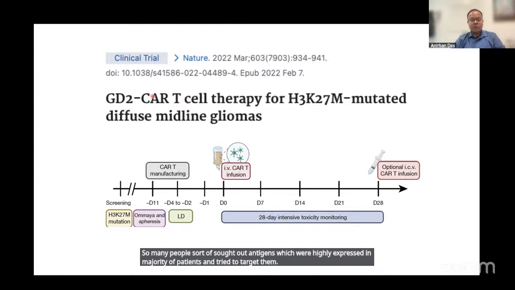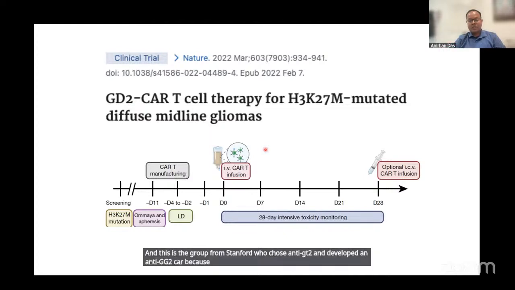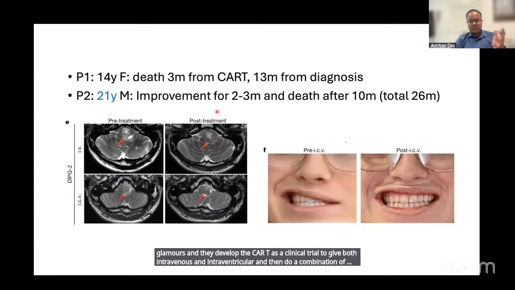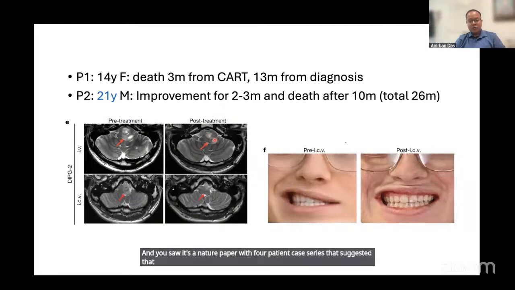And this is the group from Stanford who chose GD2 and developed an anti-GD2 CAR, because GD2 was highly expressed in around 60% of diffuse midline gliomas. And they developed the CAR-T as a clinical trial to give both intravenous and intraventricular, and then a combination of both. And you saw it's a Nature paper with a 4-patient case series that suggested that some of these do respond, and you can see the benefit in the patient.